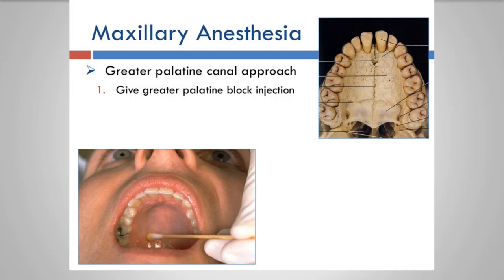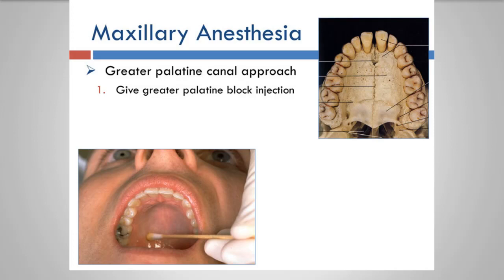Your fingertip will fit right into an indentation. Your finger is right in this little bony funnel, which funnels down to the actual opening of the foramen itself. So I locate that foramen there. I put topical anesthetic on, and then I give a palatal injection just off the edge of the Q-tip there.